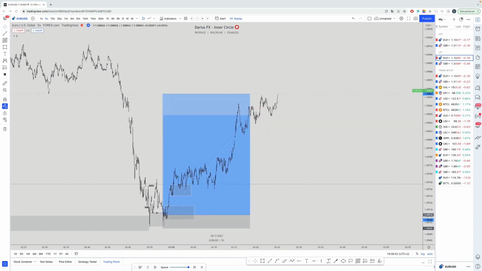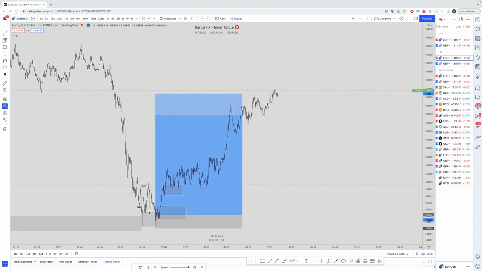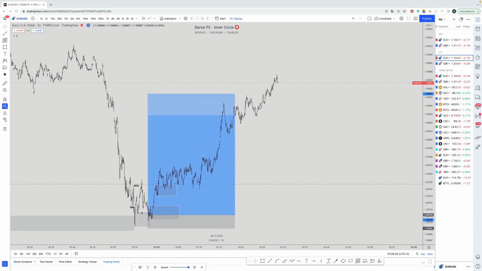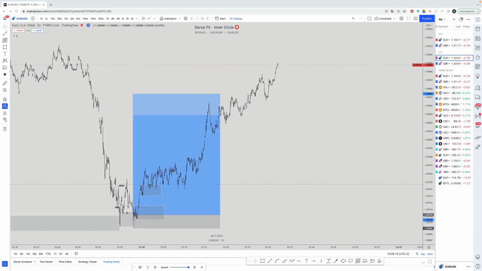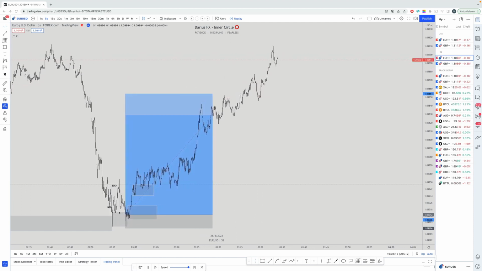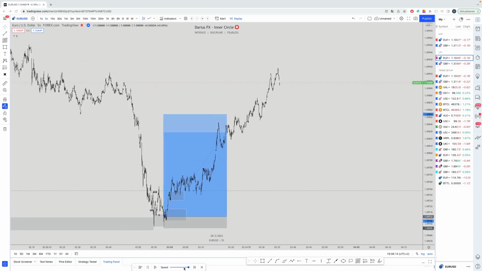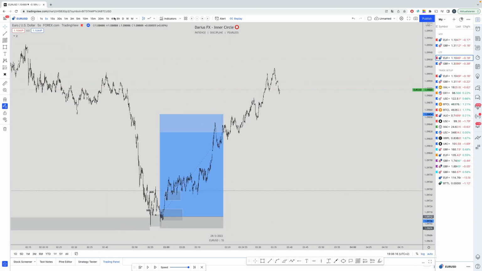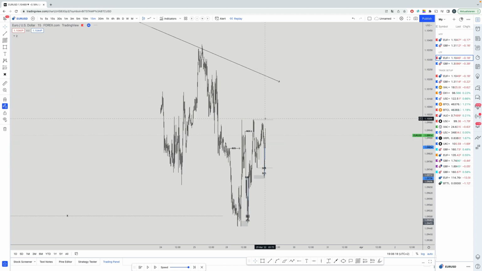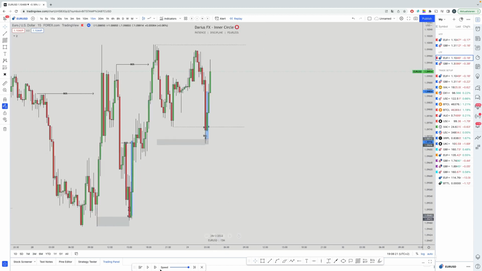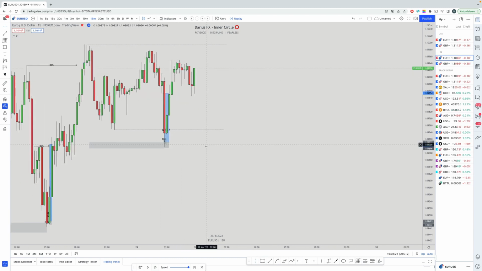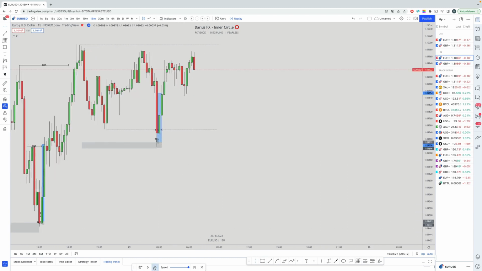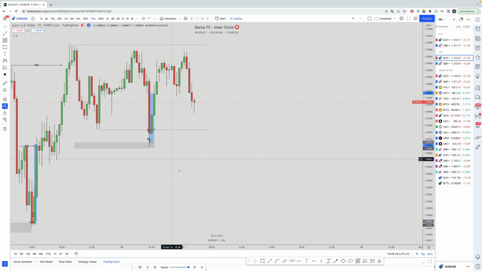Now, the example that I explained to you right now was not the best one. Why? Because it's 3 o'clock. It's a little bit late. So we would like to see now price coming to our session zone, and this is where I would like to look for next opportunity. So let's see. Here price went up, broke structure.